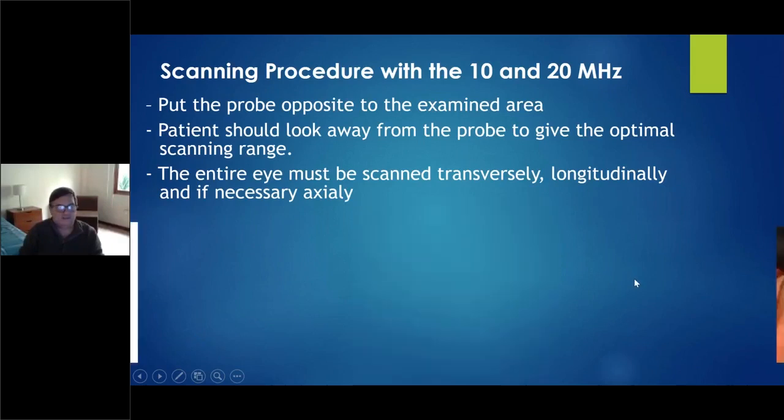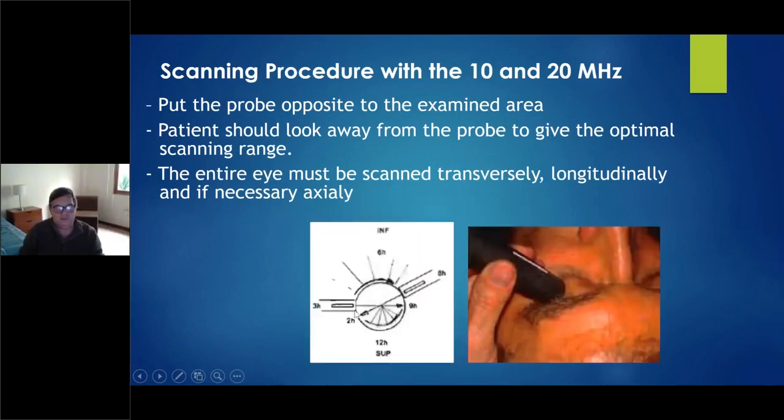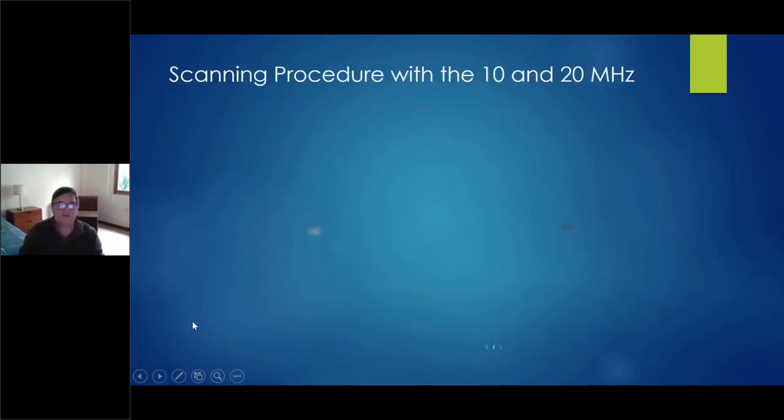If you are in this position, you put the probe at 3, and then you move it to 8 in order to cover all the posterior part. If you put it temporal, you are looking nasal and vice versa. But you must move it. This is not an examination in one place.